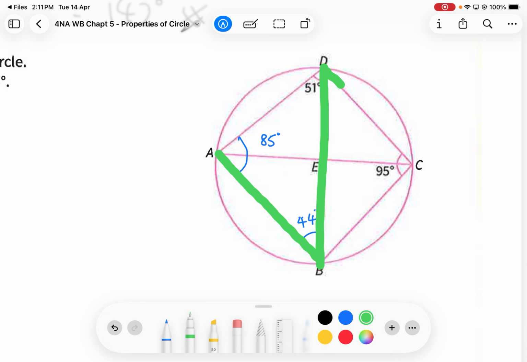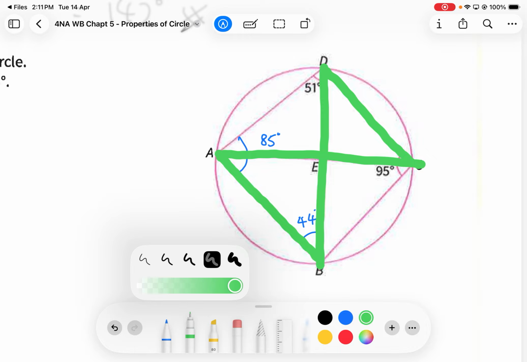Then from A and D, both of them come here also. So these 2 points meet at here. These 2 points also meet at here. So they are on the same side of the chord, both on this side of the chord AD. Same side, so here and here will have the same angle. Here will also be 44.